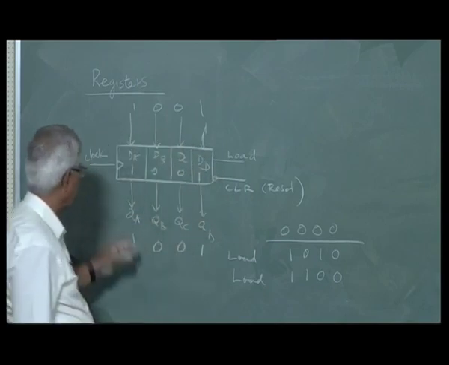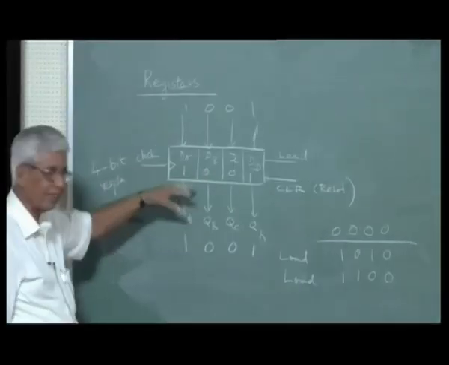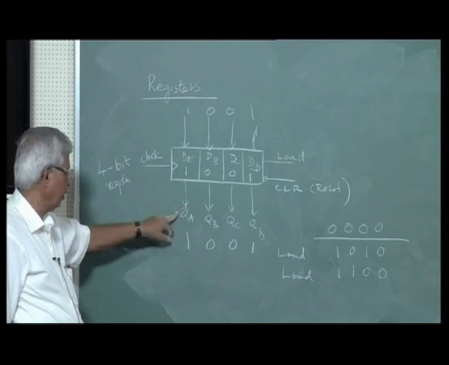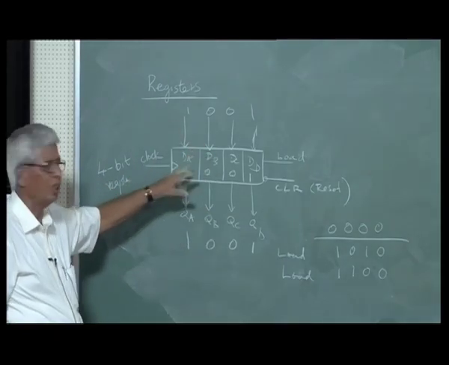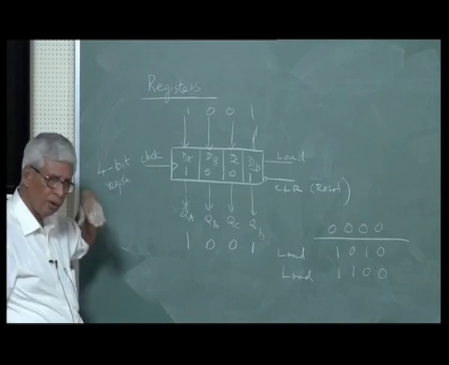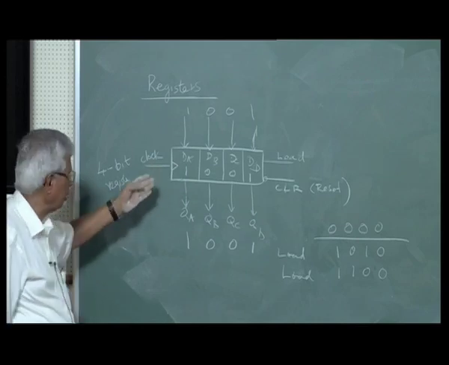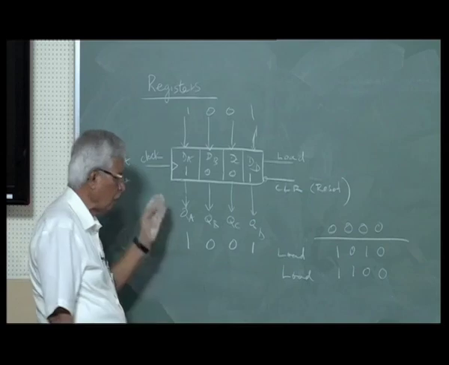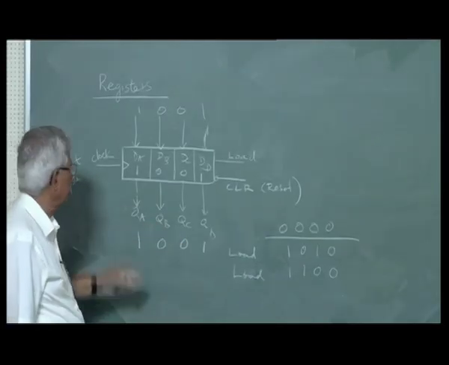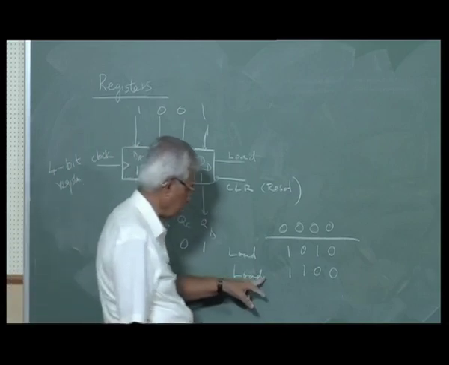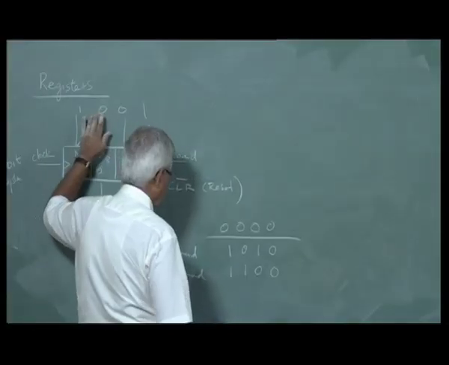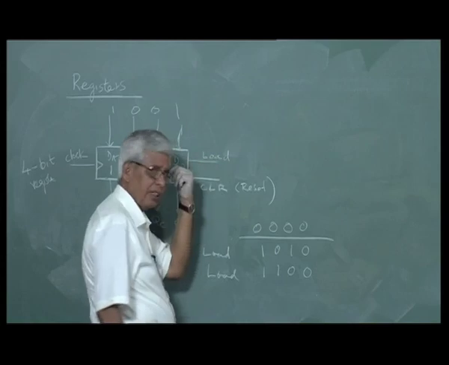But as long as the clock comes, the clock will keep it inside. It is available here. If you don't change the inputs, however many times the clock comes, the output will remain the same. If I want to change the content of the register, I should give a new load signal. I will put new values of 1 1 0 0 and again give the load signal.